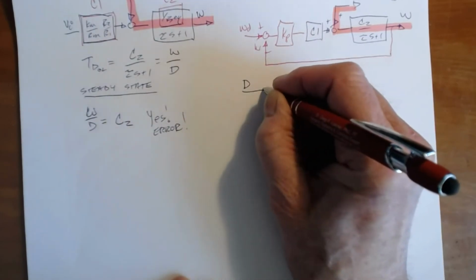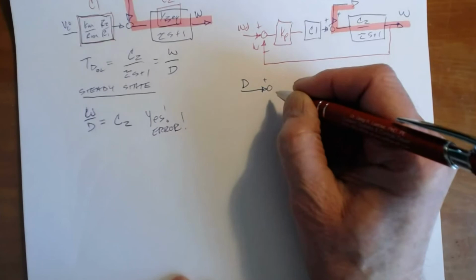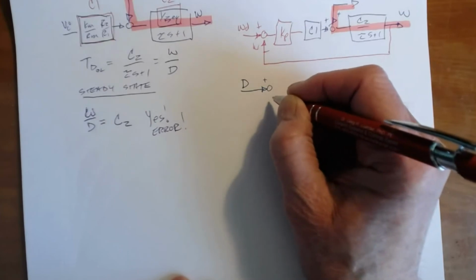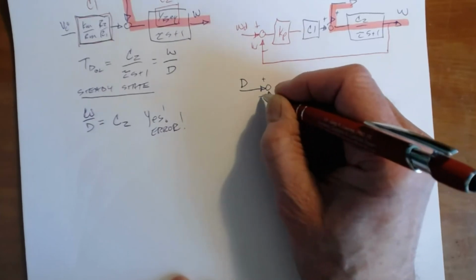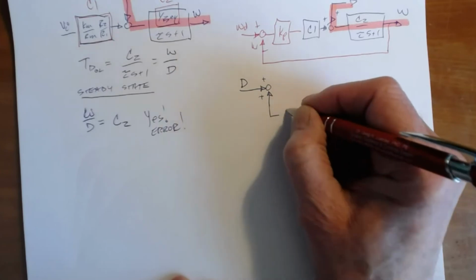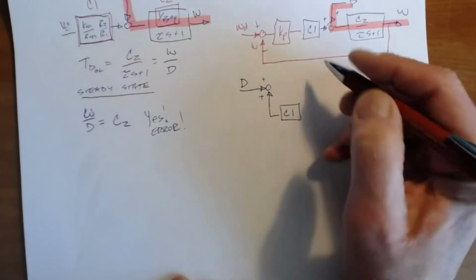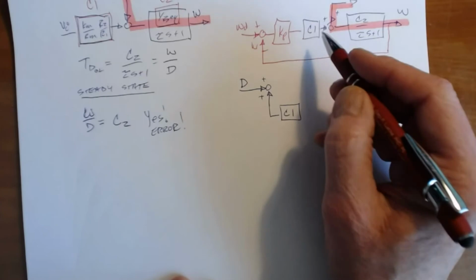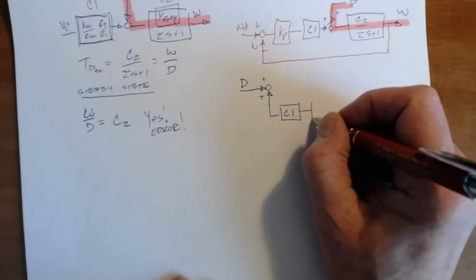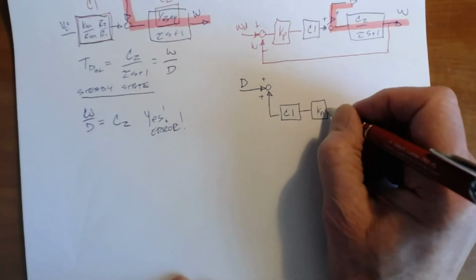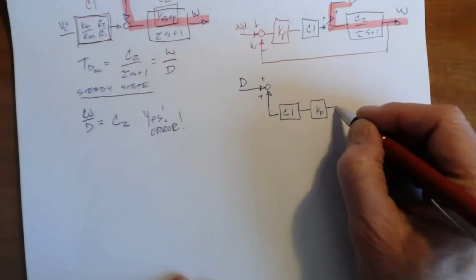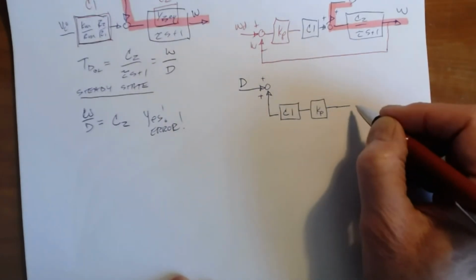So here's D comes in here. This is a plus. And then also what comes in here plus is C1, right? So I'm going to put this C1 comes in there. I'm going to put this KP comes in there.